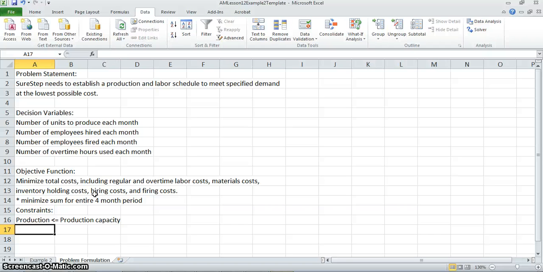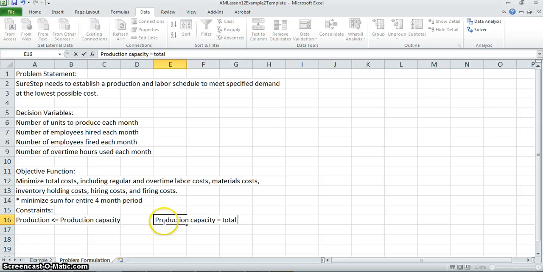And what it says here is it takes 4 hours of labor and $15 of raw materials to produce a pair of shoes. So it's important to realize that the production capacity is equal to the total hours available divided by 4. Total hours available will include both regular hours available for each employee and any overtime that they're assigned.